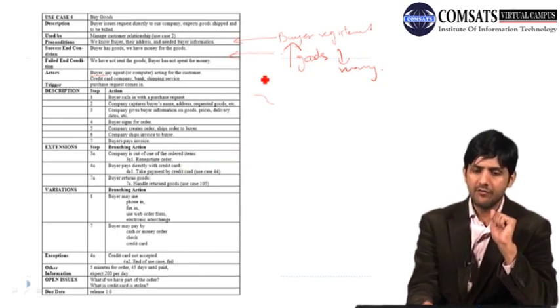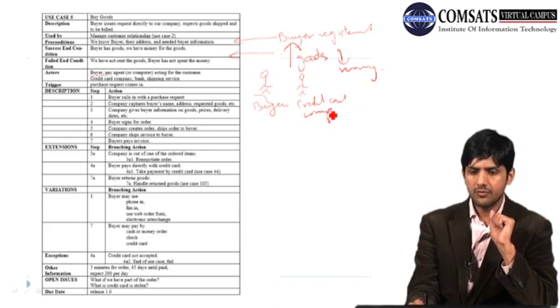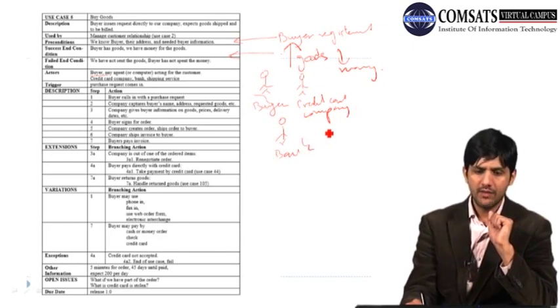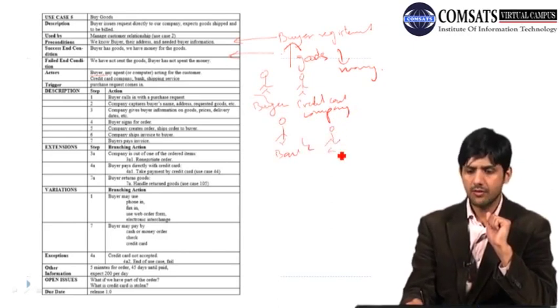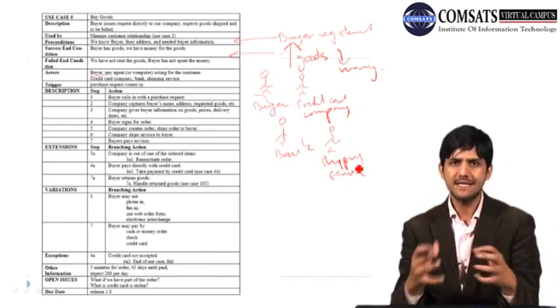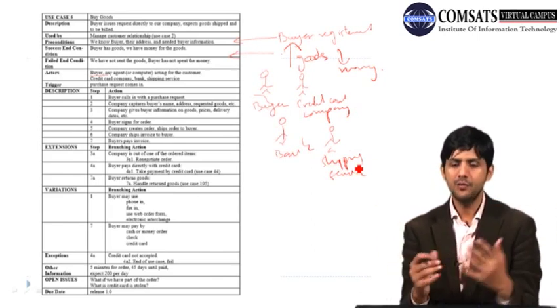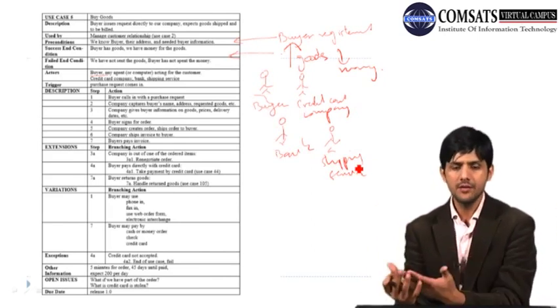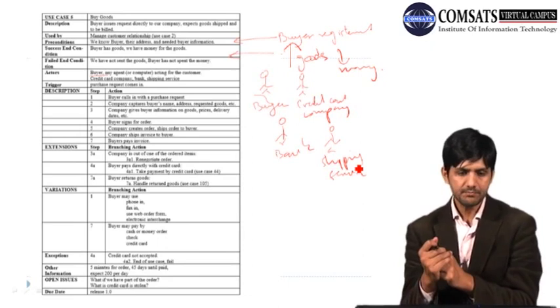We have one actor which is the buyer, another actor which is the credit card company, another actor which is the bank, and another actor which is the company providing the shipping service. Because in order for us to successfully complete this whole scenario, we will be needing all those actors. There are a few secondary actors and a few primary actors.